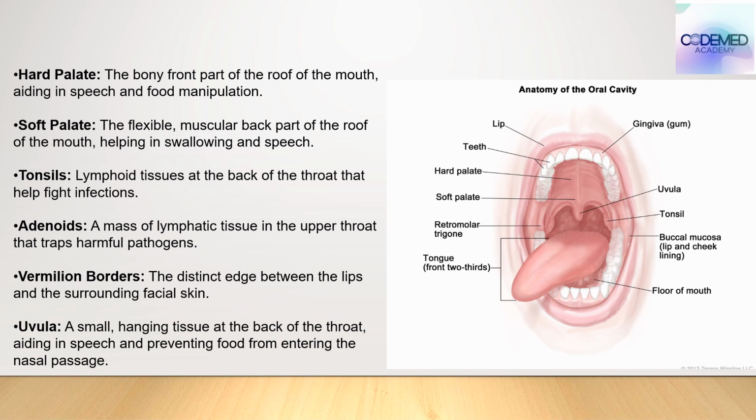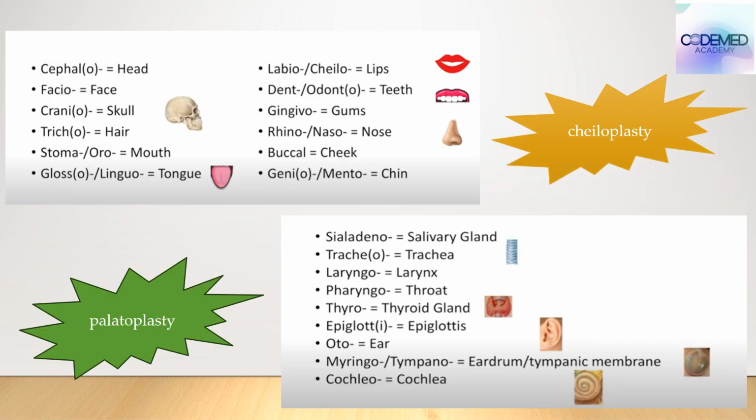Now let us understand some important medical terminology which you are going to learn in this particular chapter. So we begin with stoma, which is also called oro, or mouth. Whenever we talk about the inflammation of the mouth, we call it stomatitis.